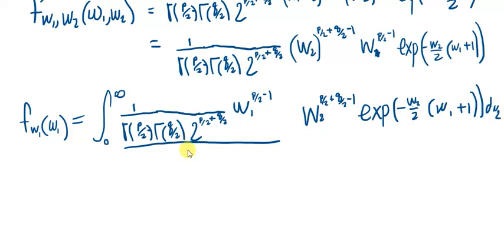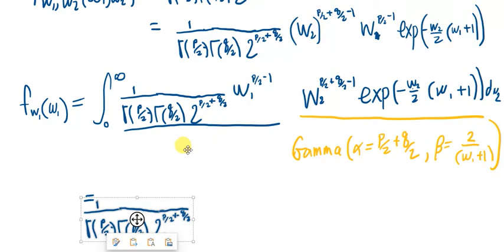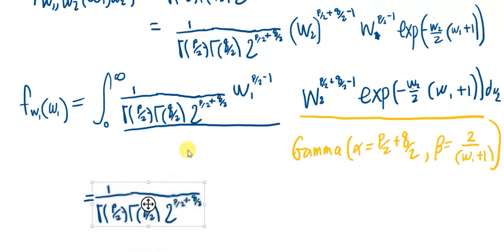So this is a kernel of a gamma distribution with alpha equals p over 2 plus q over 2, and beta is equal to 2 over W1 plus 1, which means we're going to take our constant, it's going to stay the same, and we have that other component, which is W1 to the power of p over 2 minus 1.